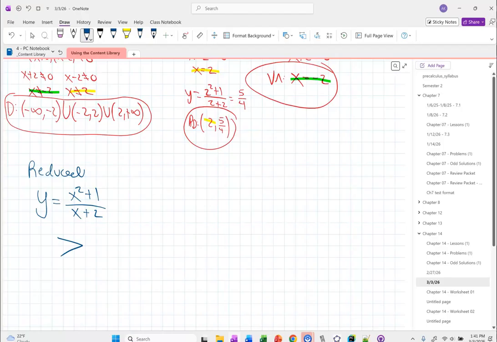What happens when the degree of the numerator is greater than the degree of the denominator? That tells us we're in the other asymptote situation. To find the equation for that other asymptote, I need the quotient of the numerator divided by the denominator.